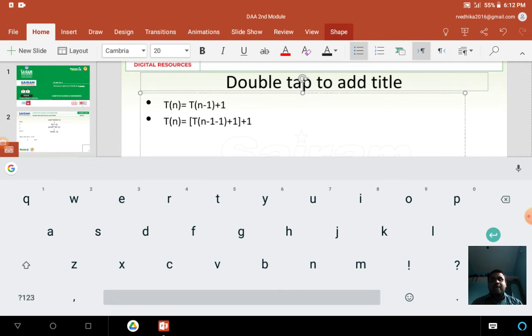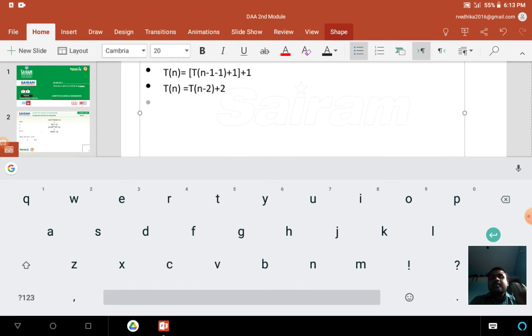So now T of n is equal to T of n minus 2 plus 2.